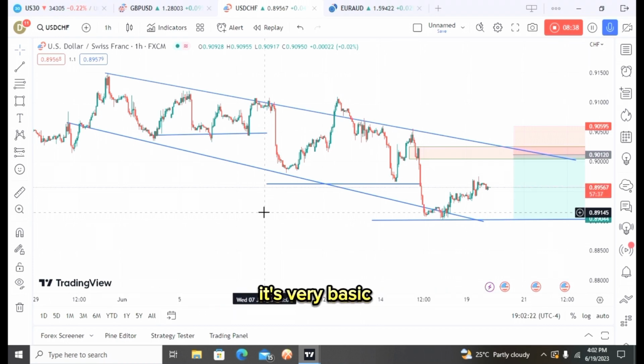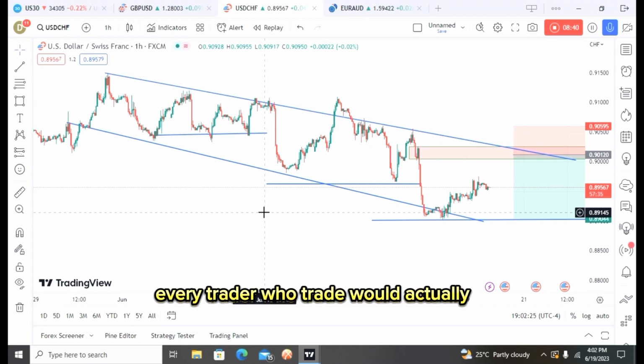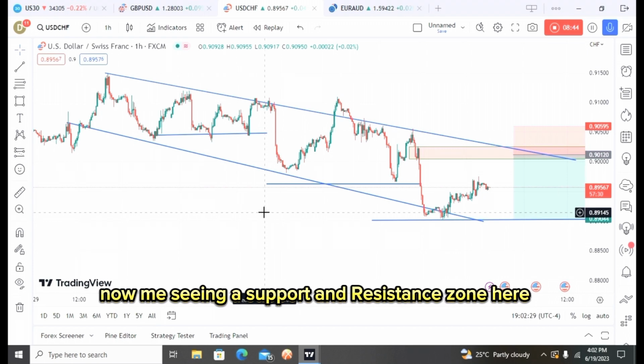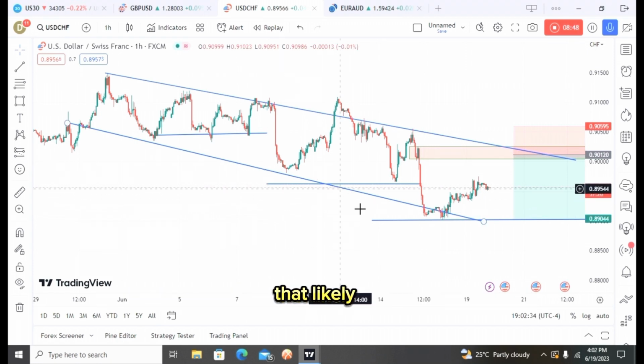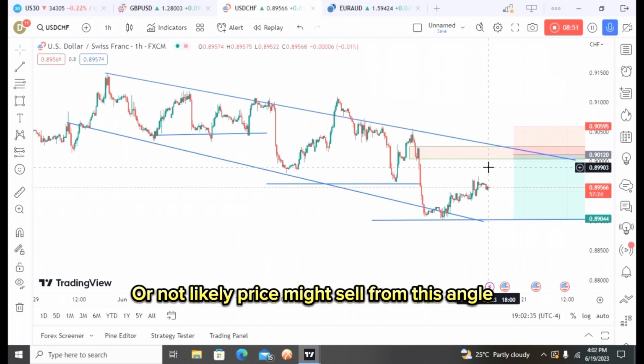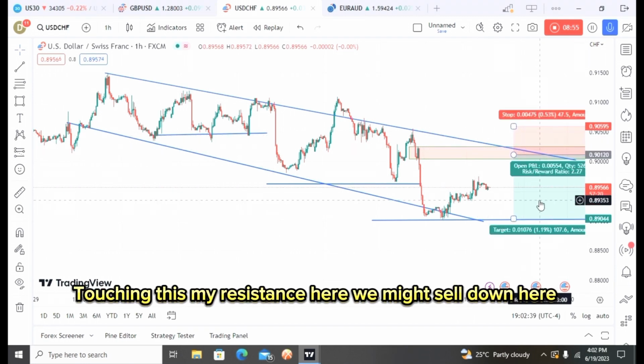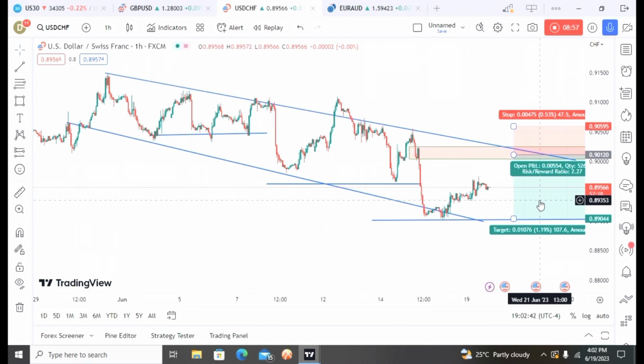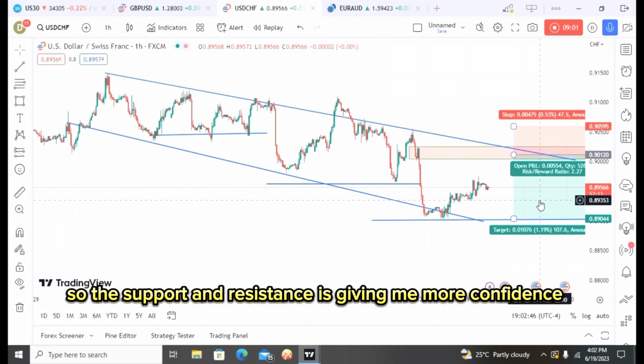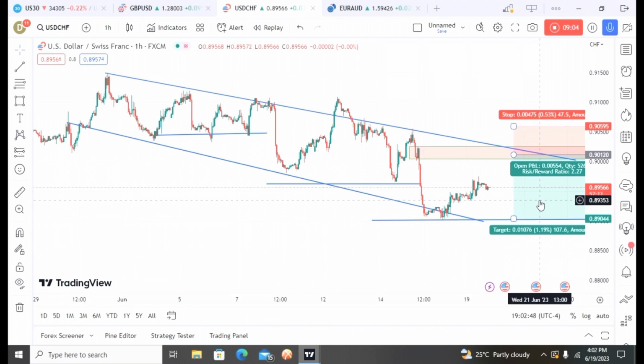Every trader relies on support and resistance. Now, seeing a support and resistance at this zone here, I'm a bit convinced that price might sell from this angle, touching this resistance here. Although I don't like to trade only support and resistance, it is giving me more confidence to add to my chart.